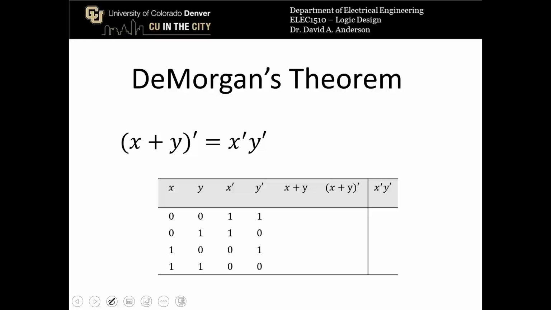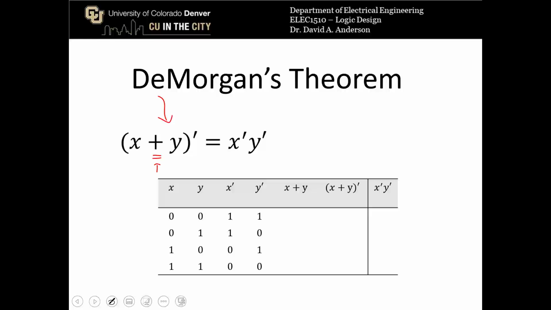Okay, so De Morgan's theorem is one of the most commonly used theorems that we're going to use in algebraic simplification of Boolean functions. This is kind of a complicated one, and it has two main forms. The first form here is that x or y in parentheses prime is equal to x prime y prime. So the way that I like to think about this is that there's an operation here which is or, which can also be called plus, and the operation changes.